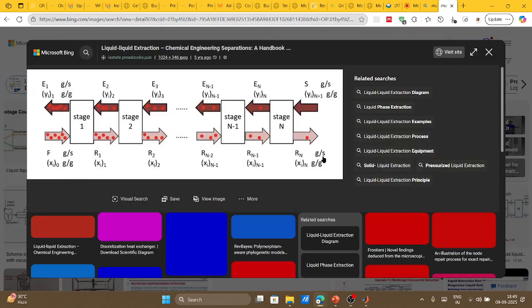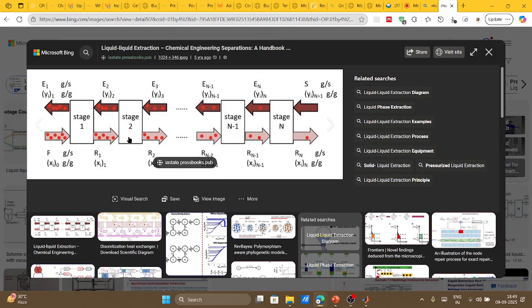Yeah, so this is how your multi-stage liquid extraction looks like. You have feed coming from one side, your solvent coming from another side, right? Since it's a counter current flow, this is how exactly it will look like.